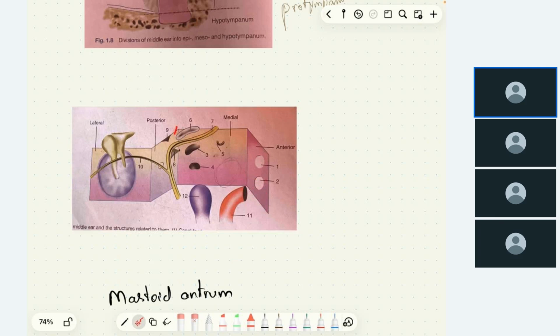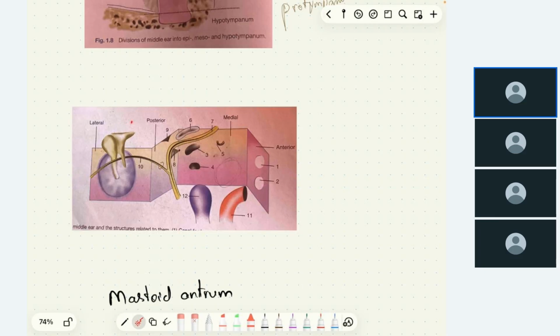We saw the posterior wall, which houses the pyramid, at the summit of which is the attachment of the stapedius tendon. The vertical part of the facial nerve runs through the posterior wall, and we have the facial recess just lateral to the pyramid, which is the site of access for surgery and where we can pass the cochlear implant.